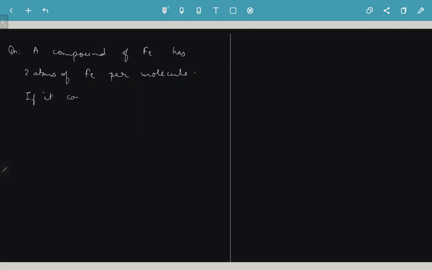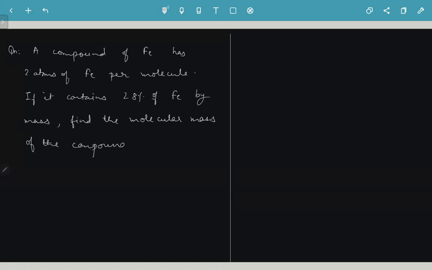If it contains 28% of Fe by mass, find the molecular mass of the compound. Find the molecular mass of the compound.